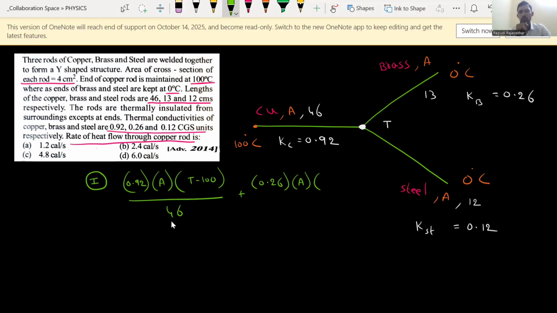This is the process you have to follow. I am not doing that addition process. I am just directly taking T minus some temperature. I am adding and making it equal to 0. Both will give the same answer only. At 0.26 into A into the delta T value, T minus 0, whole divided by the length of the brass wire. How much is mentioned? 13 centimeters. I just shift everything towards the left.